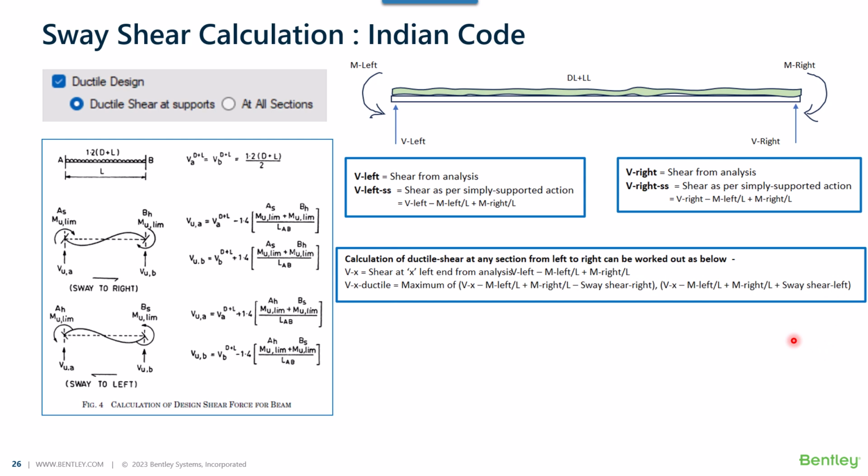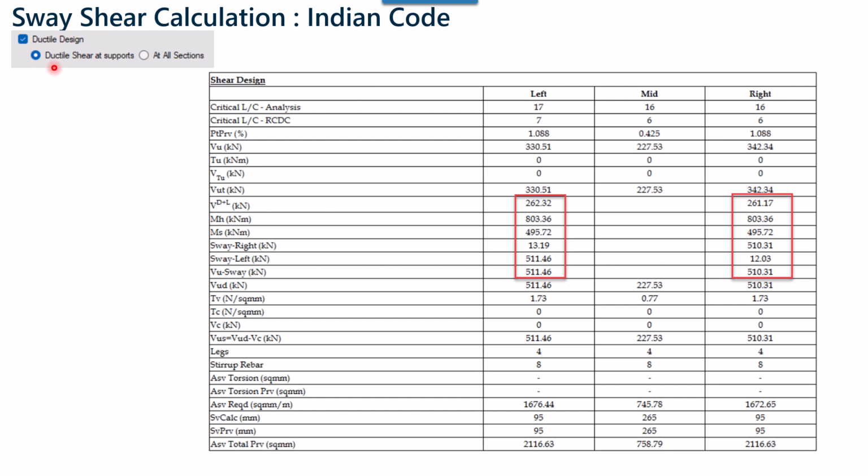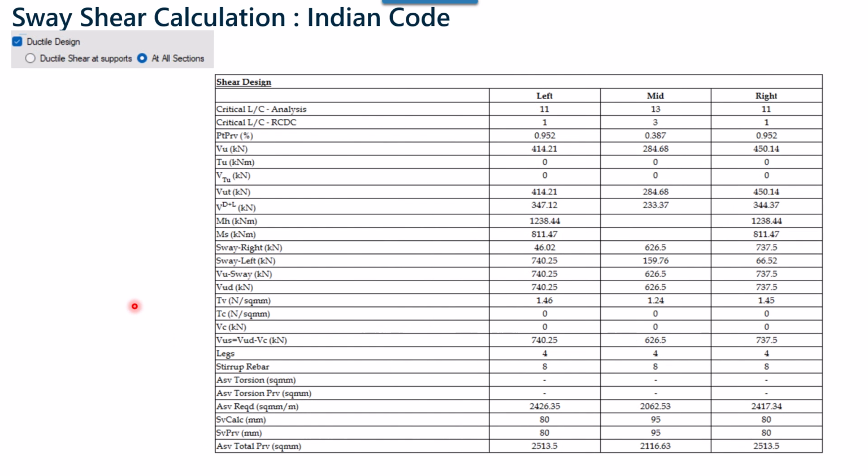If we look into the actual examples, when we select the option to perform the ductile shear at supports, the sway shear calculation will happen in the left and the right zone only. But when we select the option to perform the sway shear at all sections, the sway shear gets calculated at mid zone also, along with the left zone as well as the right zone.